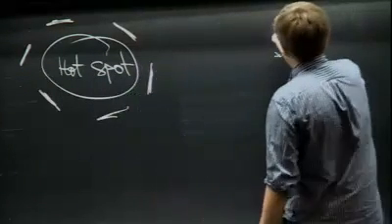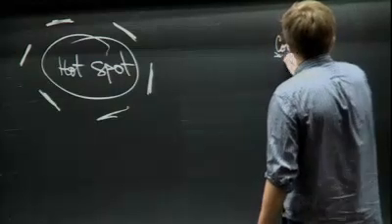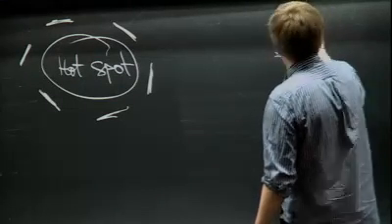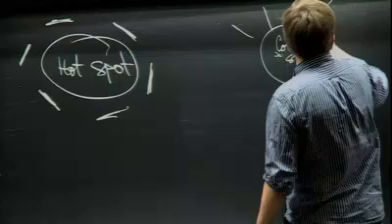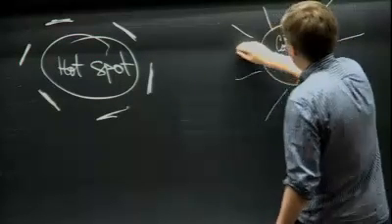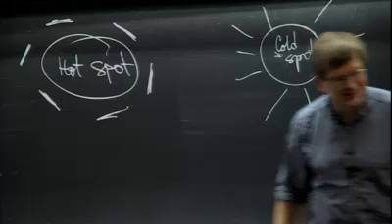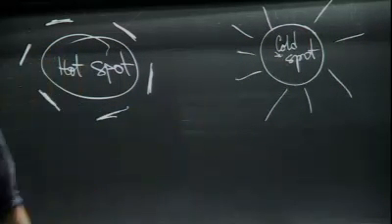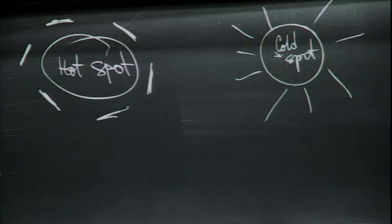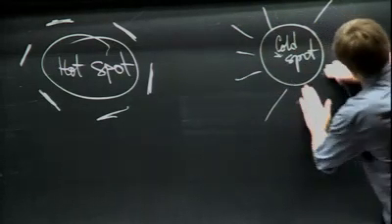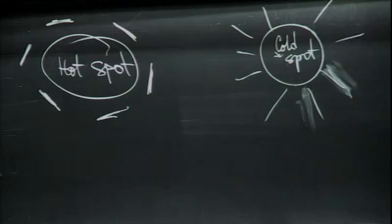If it's a cold spot, it will be like that. Counterintuitive, because you think that's the sun, so it's hot, but no, it's a cold spot. It looks like that.